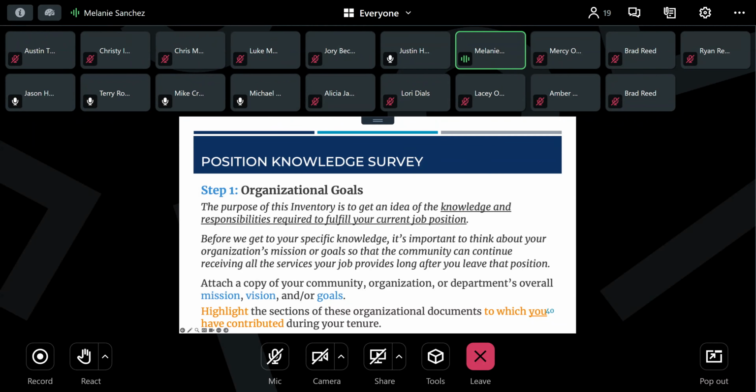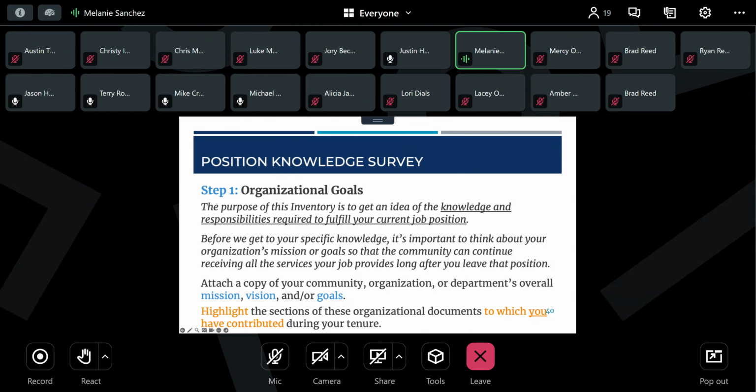As the first step, you want to attach a copy of your community, organization, or department's mission, vision, and goals. And then that will provide a little framework and direction for the work that we do. And then you can highlight your contributions that you've made during your tenure.